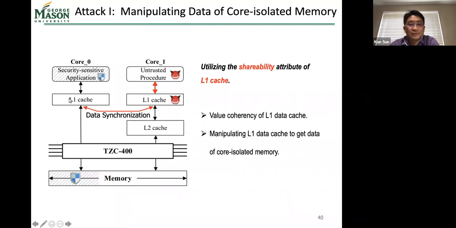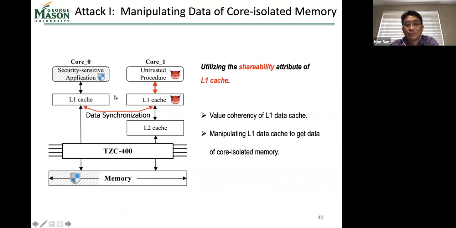For example, if core 0 is set as shareable, and this other core is also shareable, then when any data changes on core 0, the Snoop Control Unit, SCU, automatically synchronizes it to the level 1 cache of the other core.